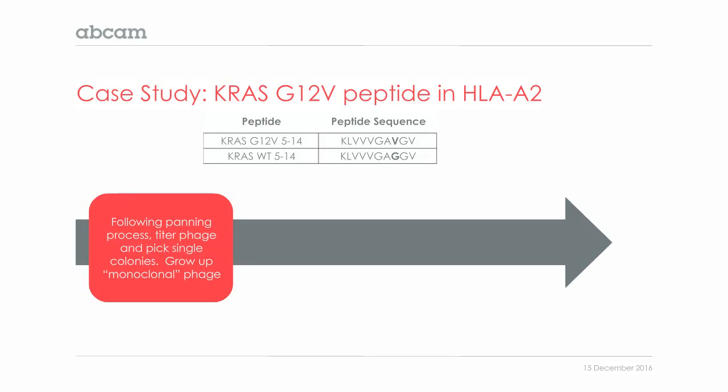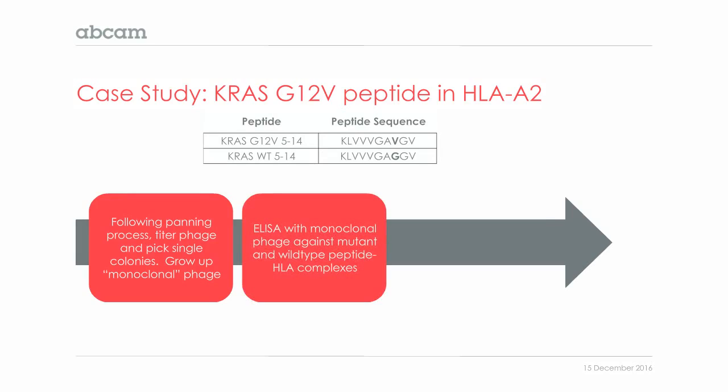Following the panning process, we titer the phage by infecting E. coli with limiting dilutions of phage such that each E. coli will only be infected with a single phage particle. Then we pick single bacterial colonies and inoculate them in a deep 96-well plate. We grow up that bacteria and infect it with helper phage, and thus we can produce monoclonal phage.